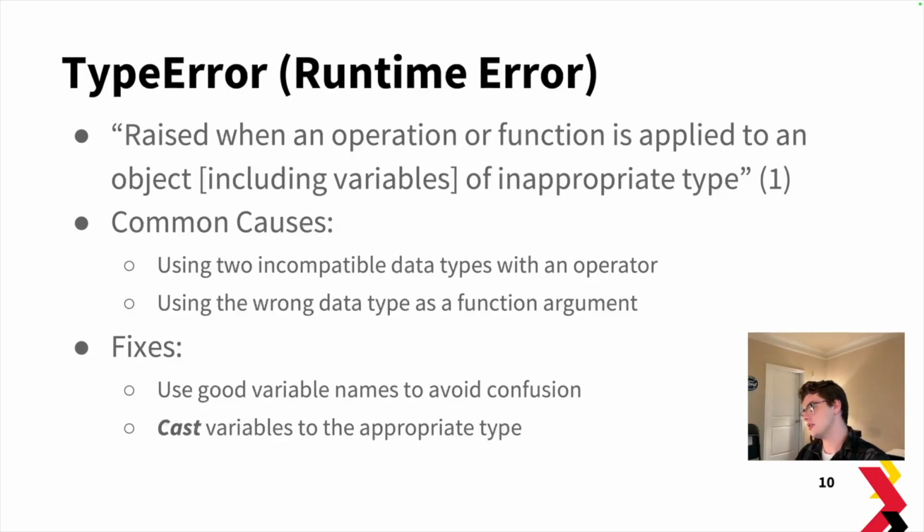A common cause is using two incompatible data types with an operator. As you hopefully remember, operators work with specific types of data. As an example, the plus operator with two integers will work to add those two integers, whereas with two strings, it will work to push them together, so concatenate them.